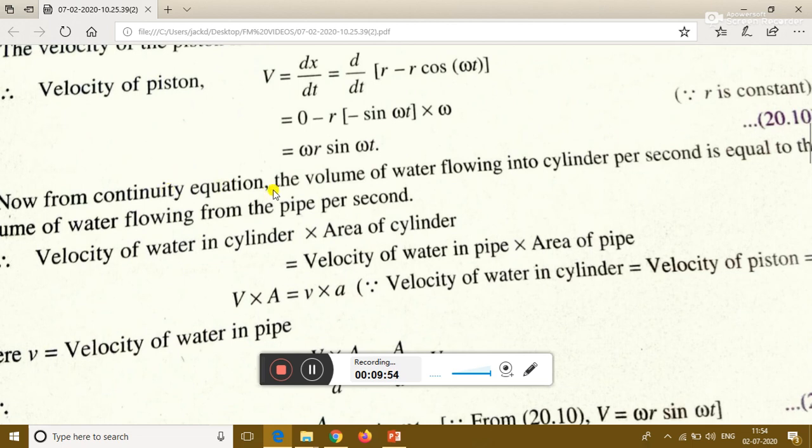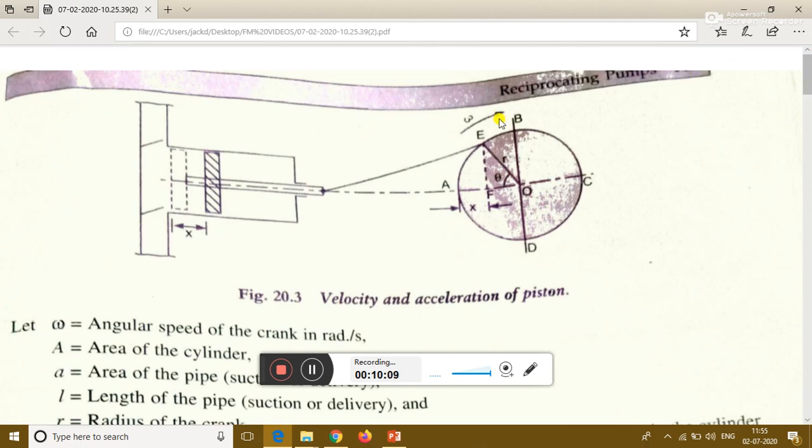Now from the continuity equation, the volume of water flowing into the cylinder per second is equal to the volume of water flowing from the pipe per second. In a continuity equation, A1 V1 equals A2 V2. The volume of water flowing through the pipe will be equal to the volume of water entering the cylinder.